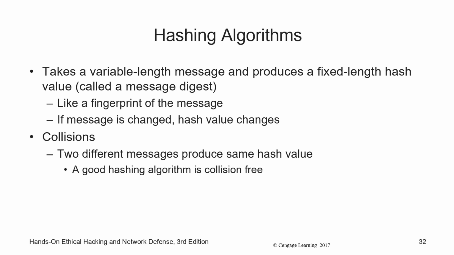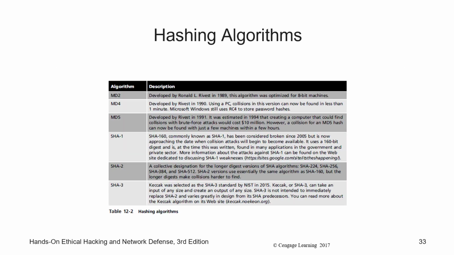And a good hashing algorithm is collision-free, but there's no such thing. Again, when you go from an infinite set to a finite set, you always have collisions. So you want to reduce the amount of collisions. You've probably heard of MD5, SHA-1 and 2, but here is the basic kind of history of hashing algorithms.